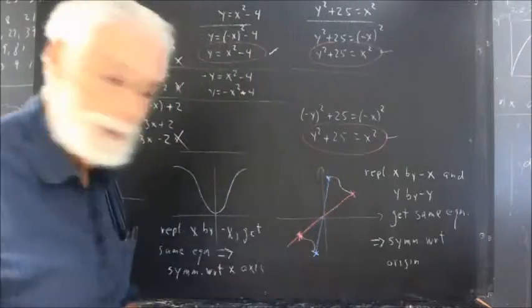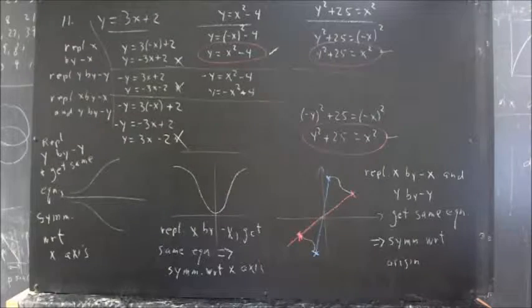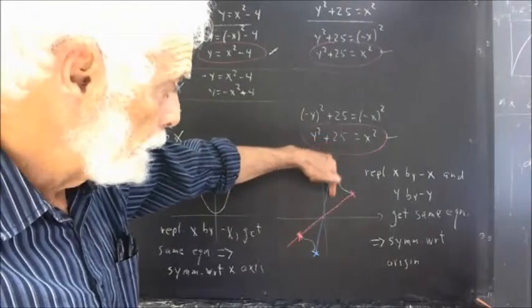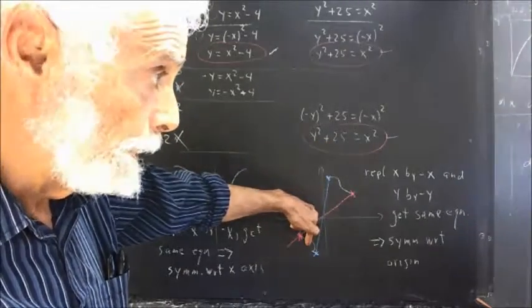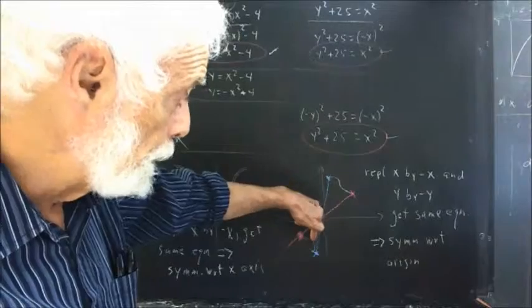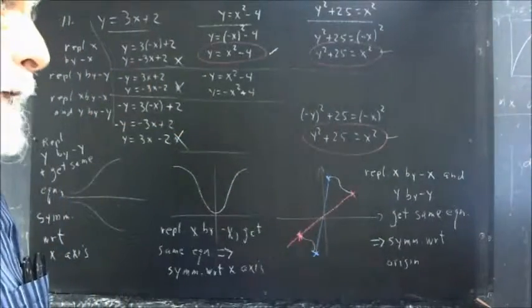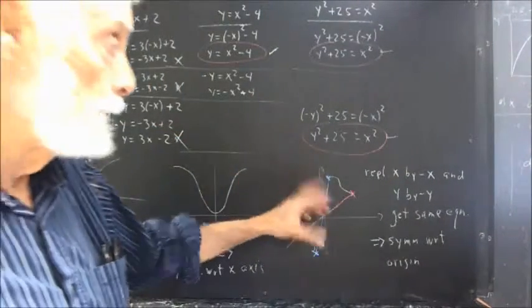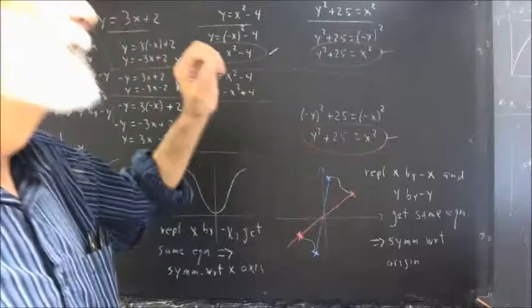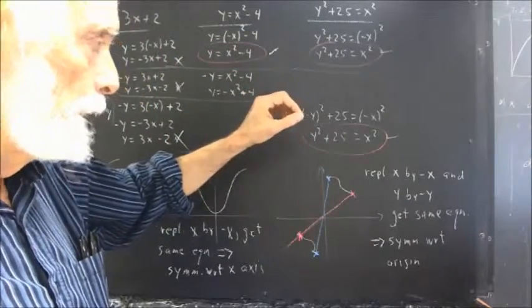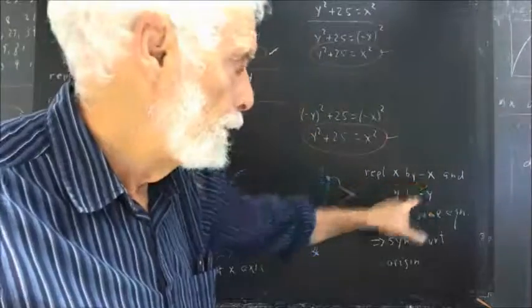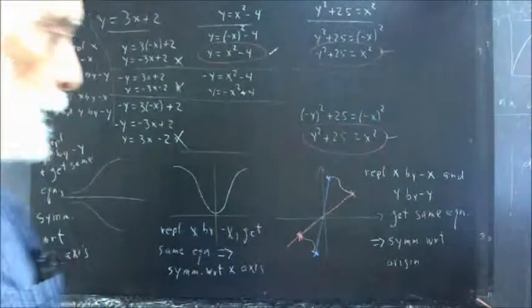It's not perfectly drawn, but you should get the idea. Every point up here reflects by a line through the origin to a point at an equal distance on the other side, to a corresponding point down here. That's what symmetry with respect to the origin means. And the test is you do both of these replacements.